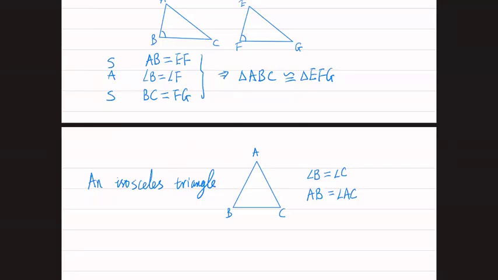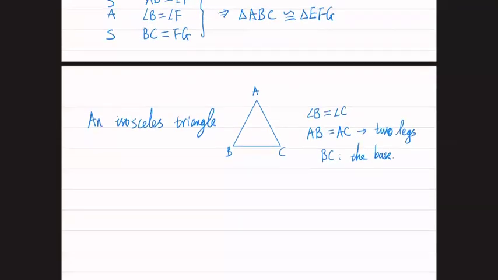Because of this, we call these 2 sides, AB and AC, the two legs. Then BC is the base. Okay, so this is the definition of a triangle being isosceles. Two angles, same measure. Two sides, same length.